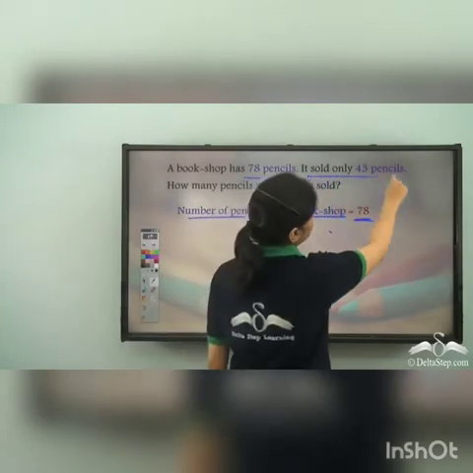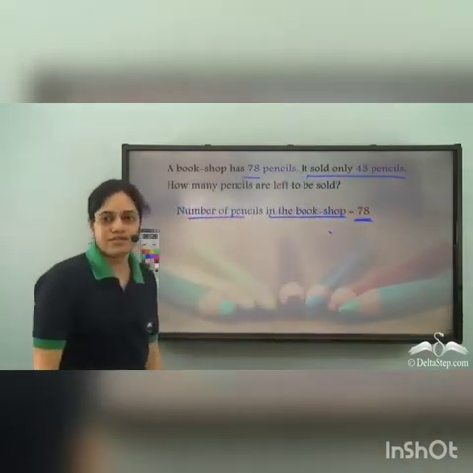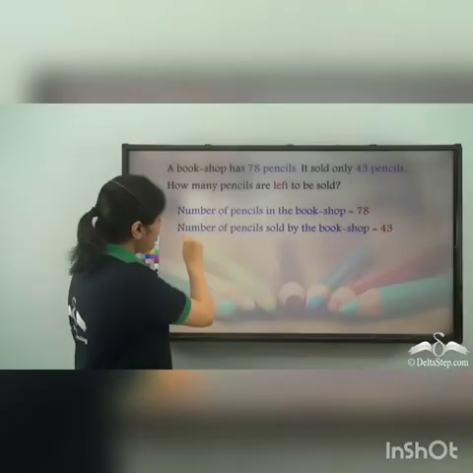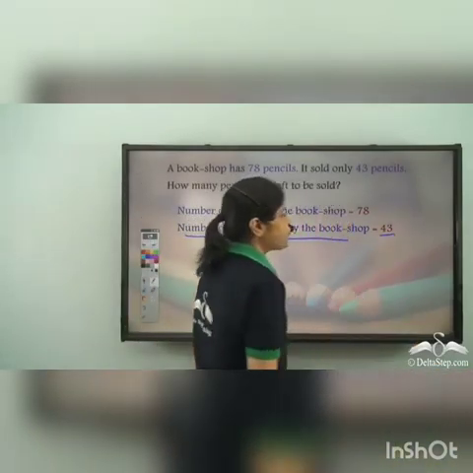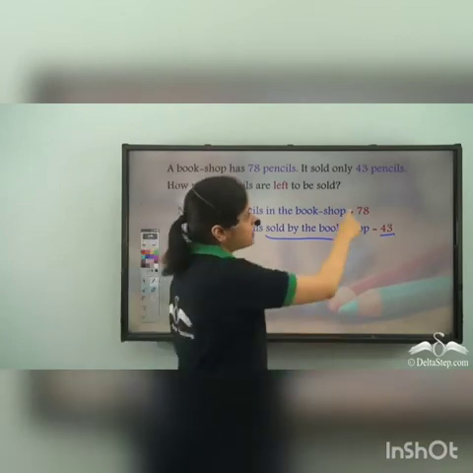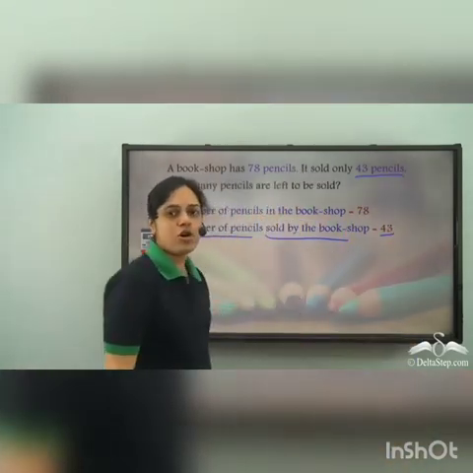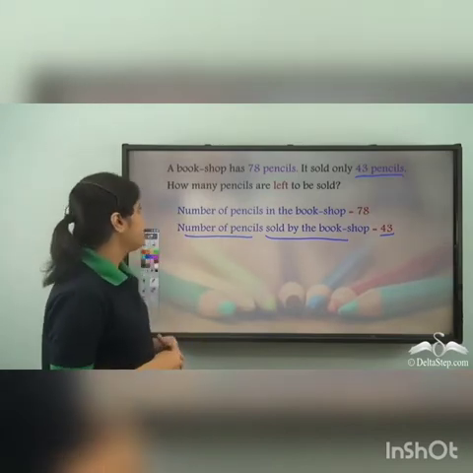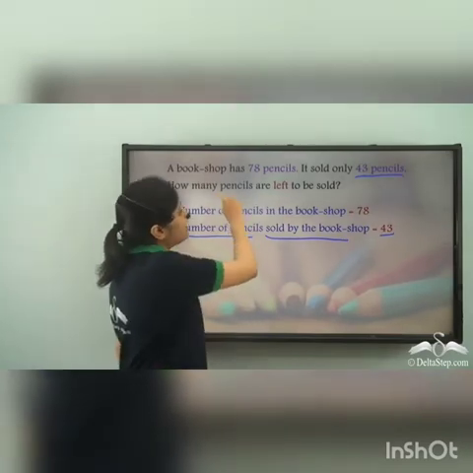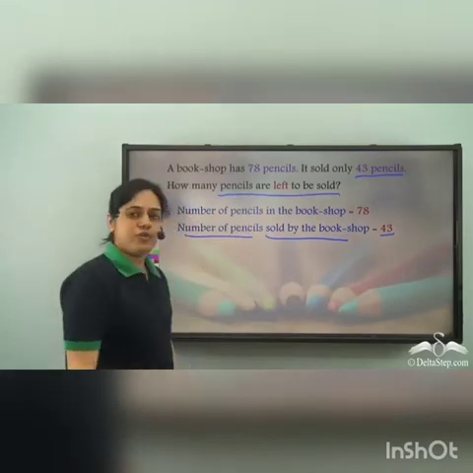It sold only 43 pencils. So number of pencils sold by the bookshop is 43. Then we need to write what we need to find. We need to find how many pencils are left to be sold.